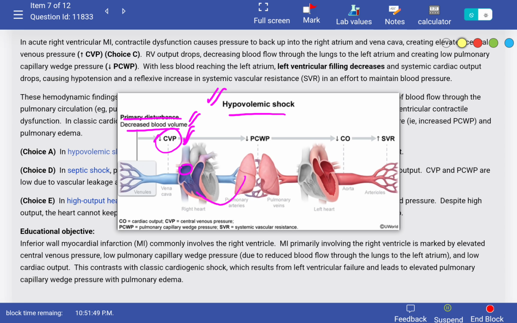Now if we move to the lungs, the fluid moves to the lungs, and again to the left atrium. Over here the fluid is not coming from the right side to the left side, so the pulmonary capillary wedge pressure would also be decreased, so that would decrease cardiac output. And as a reflex mechanism, systemic vascular resistance would be increased, right?